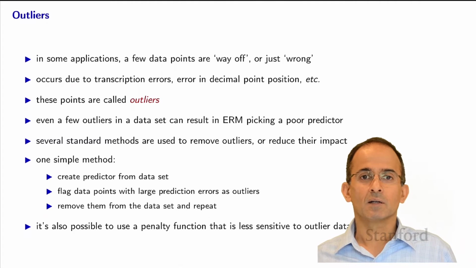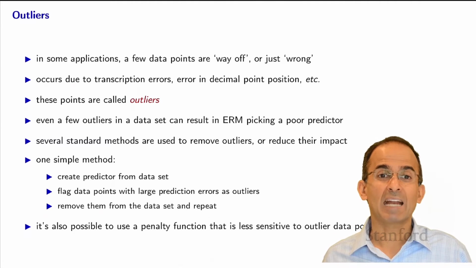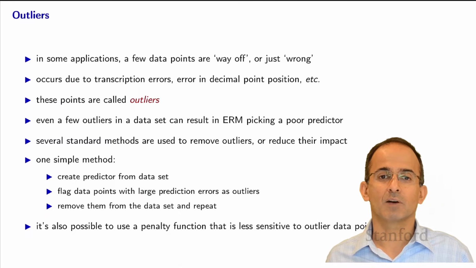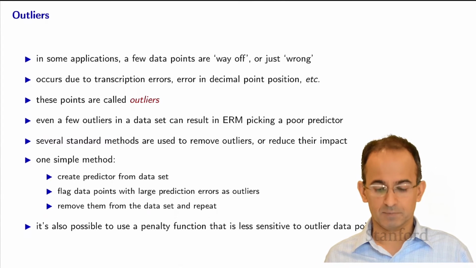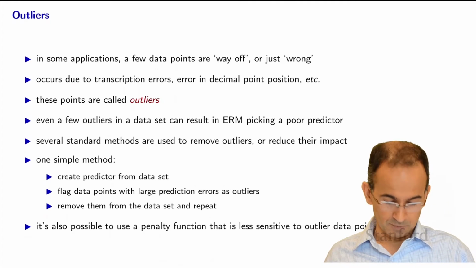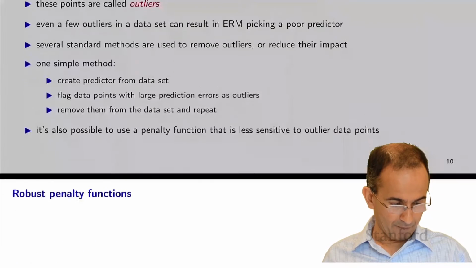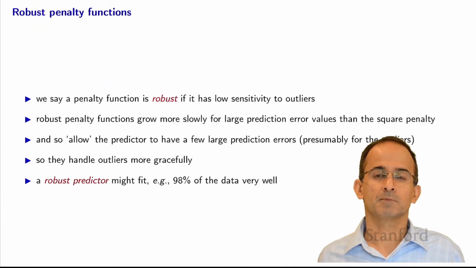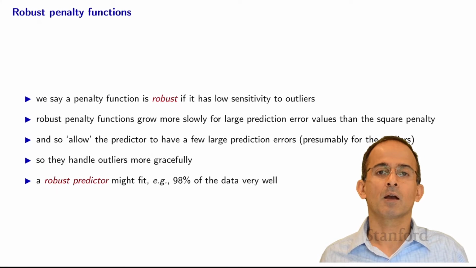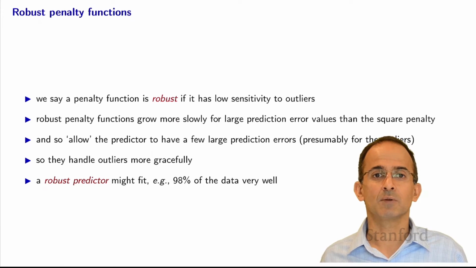There's another way of removing outliers, or at least handling outliers, and that is to use a penalty function that's less sensitive to outlier data points. And we're going to look at that in this section. These kinds of penalty functions are called robust. A robust penalty function is one that has low sensitivity to outliers.